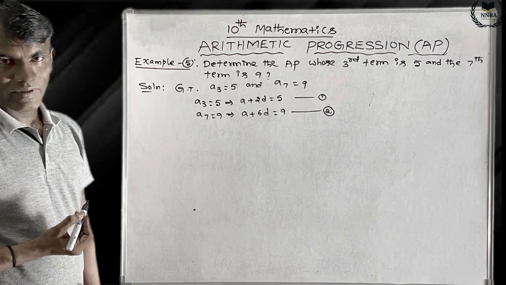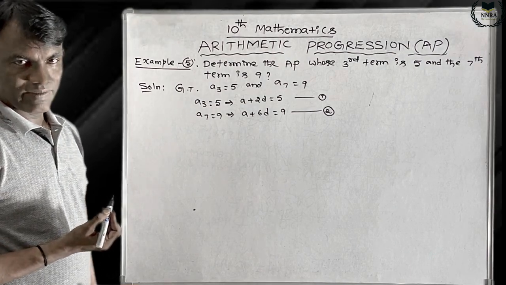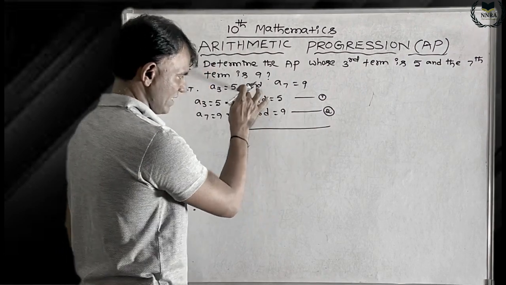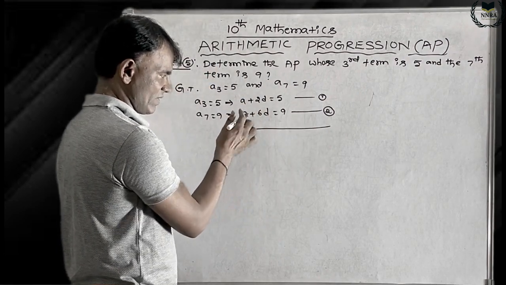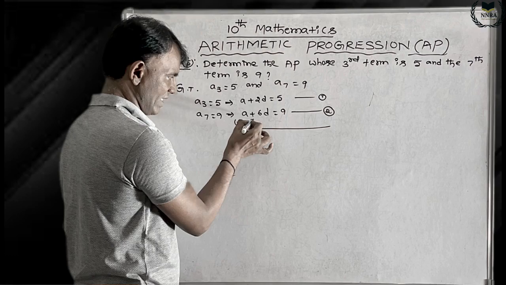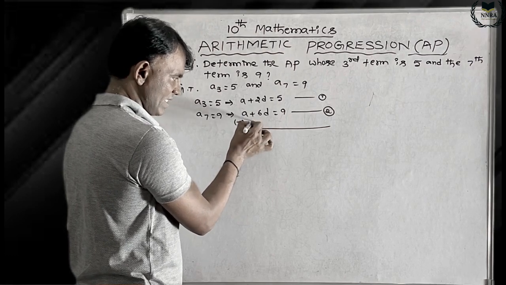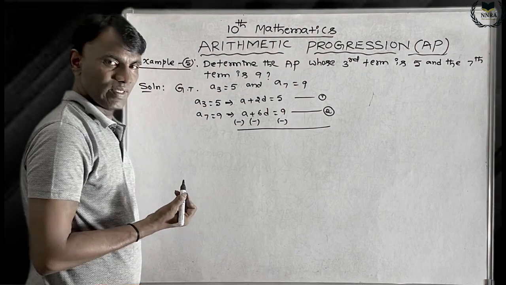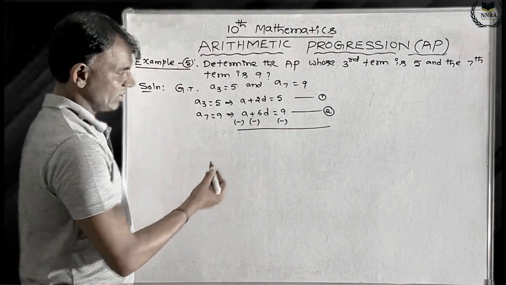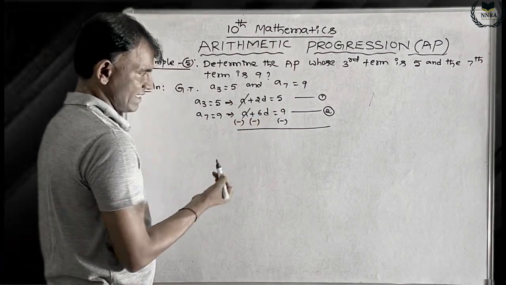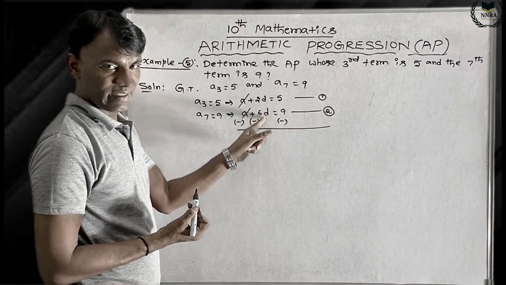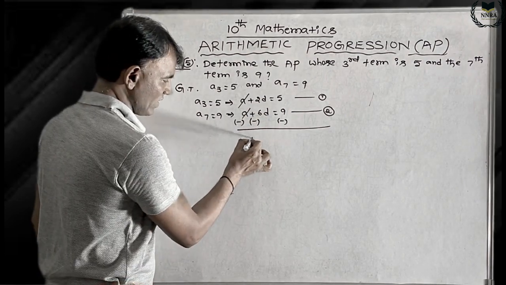So by solving 1 and 2 we get a and d values, right? But how to solve that? Very simple. Both are having the same sign, right? Just change the sign, minus. It is plus, write minus. Here also it is plus, then write minus. By adding these two, plus a minus a gets cancelled, right? And 2d minus 6d, 2 minus 6 equal to minus 4.